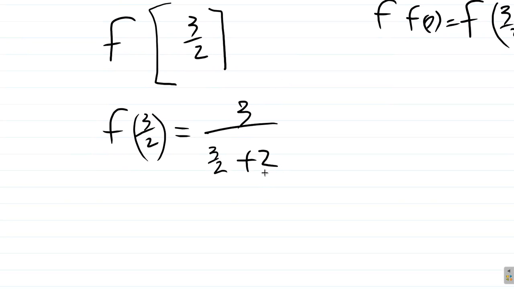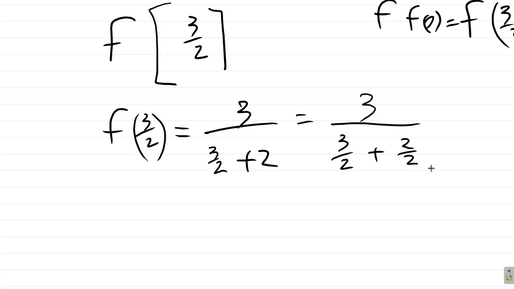See that? Now we have to do some fractions. At least you might want to do it with a calculator, but let's work it out here. 3 over 2 plus 2 means 2 over 1.